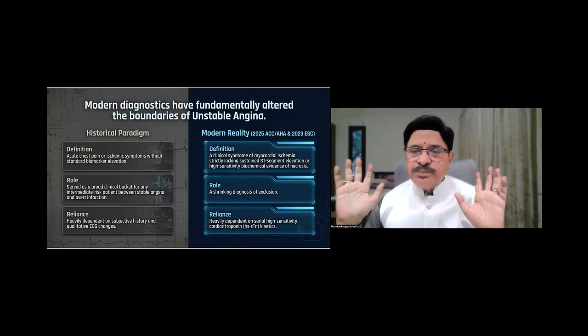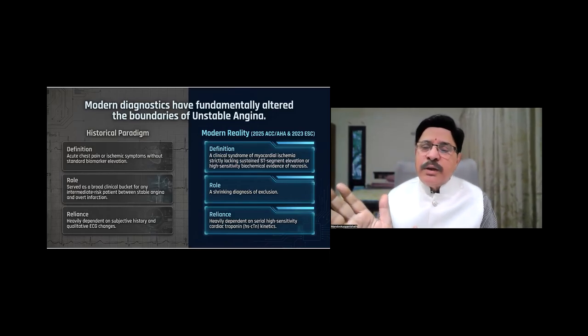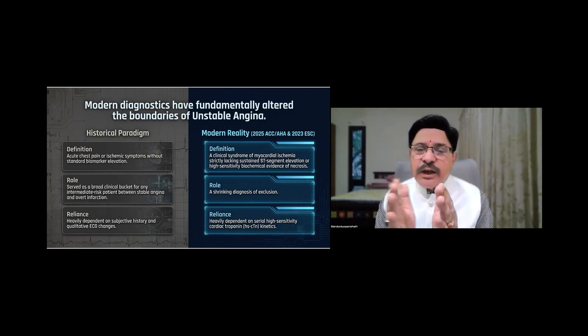A patient has symptoms, he does not have ECG changes to qualify him for ST segment elevation or NSTEMI, and he doesn't have the biomarkers, but the symptoms are there. Such a person comes into unstable angina, and this is a shrinking diagnosis.